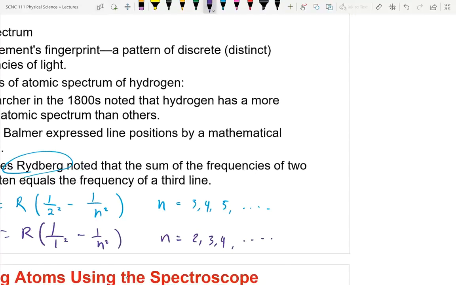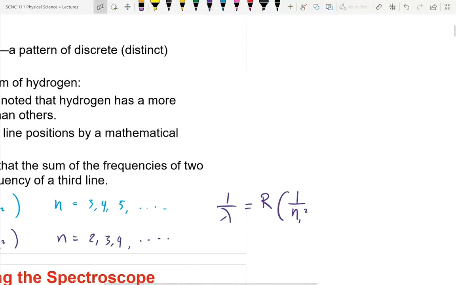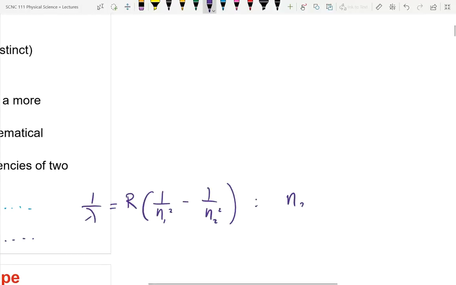So if you put them all together, you just have 1 over wavelength is equal to this constant times 1 over n1 squared minus 1 over n2 squared, where n2 is an integer bigger than n1.